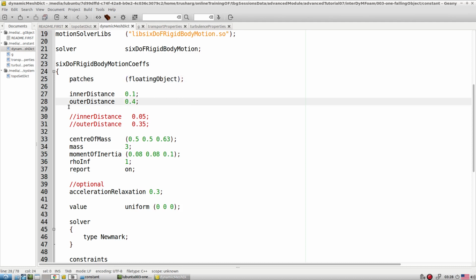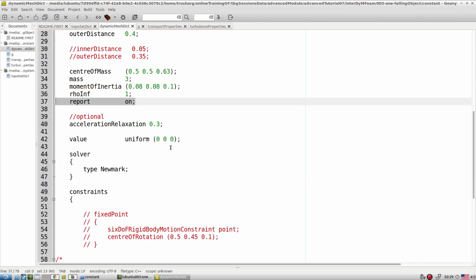And whatever is in between the inner and the outer, that class of the mesh is going to change, or move, based on whatever the solid body is doing as it falls. Then we require the center of mass, moment of inertia, rho infinity. Report on means it tries to give you all the forces that are required on the object. Then acceleration relaxation parameters.